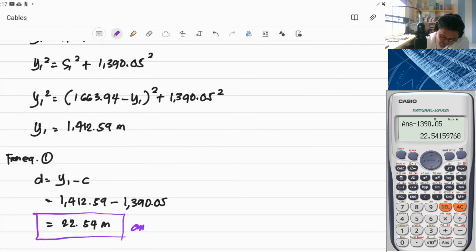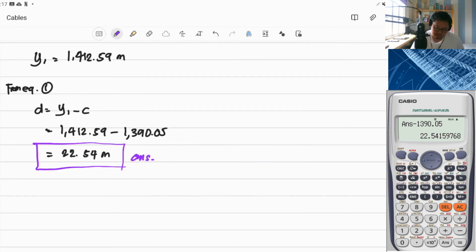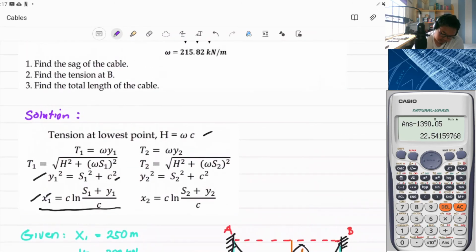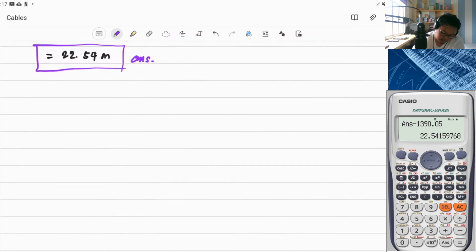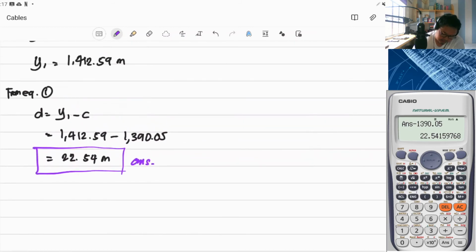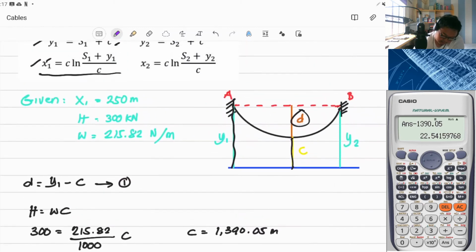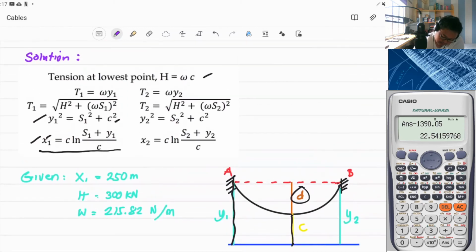For question number 2, find the tension at P. It's just the same as the tension at A because this is symmetrical. So let's just solve for the tension at A. What formula can be used out of the list?